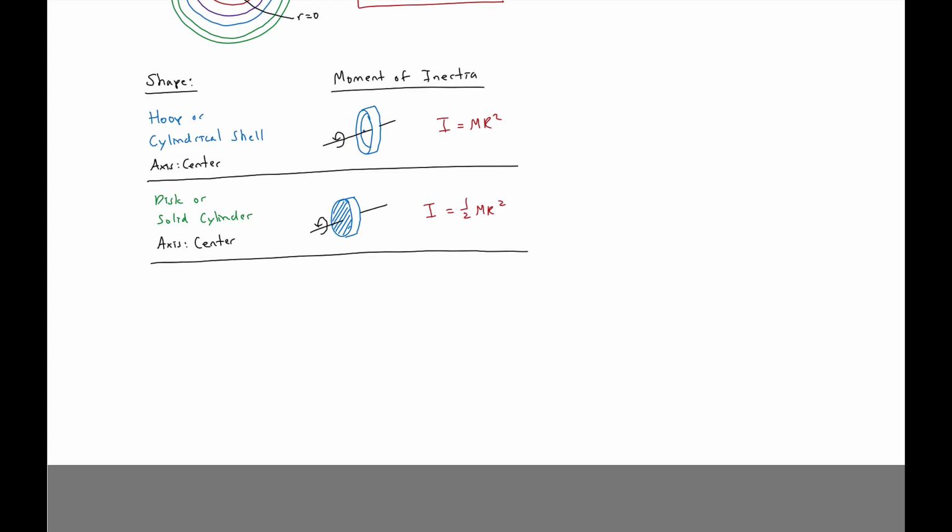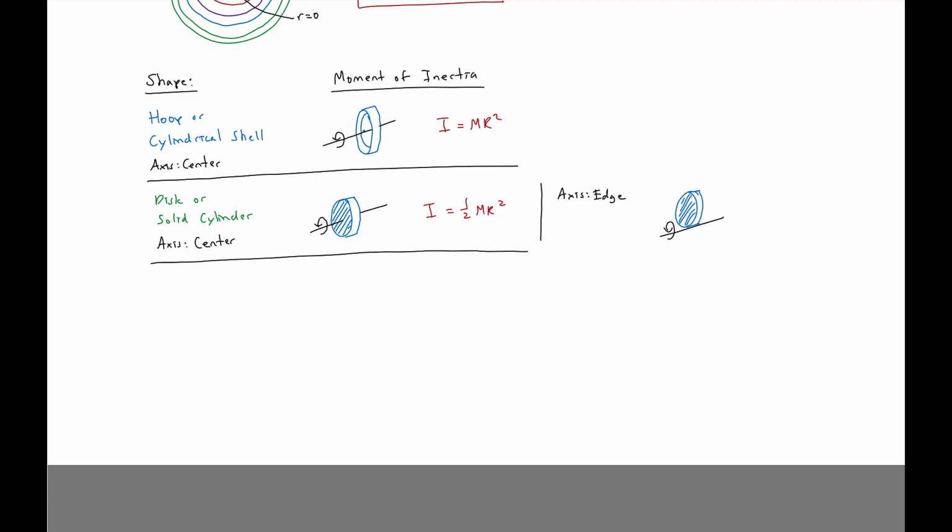Apart from that, we want to look at the disk or solid cylinder again. But what happens if the axis is at the edge? That means we have a solid disk but the axis of rotation is now here.